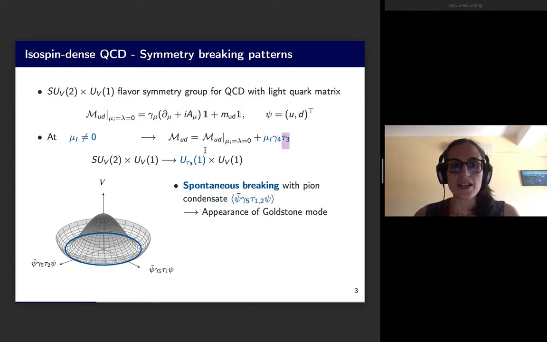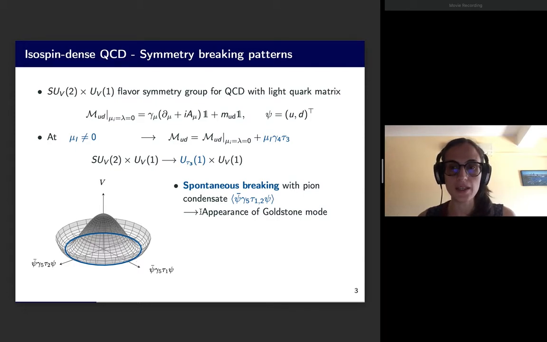But this has an impact on the symmetry group. Specifically, it breaks it down, to U_tau3(1) times U vectorial(1). So if we want to think about how the potential looks in this setup, and if you put the other two Pauli matrices on the axes of a three-dimensional plot and plot the potential, then this U_tau3(1) would correspond to the blue circle.